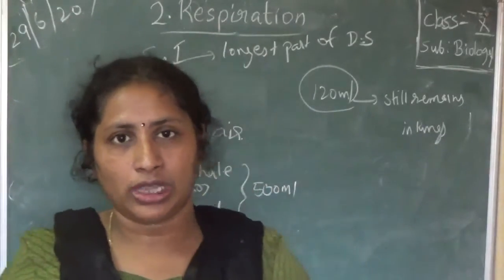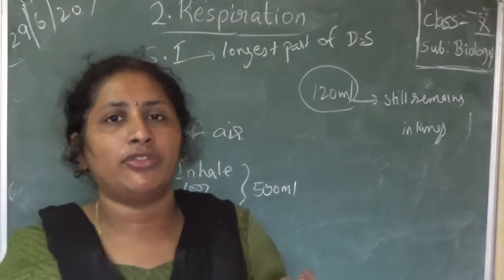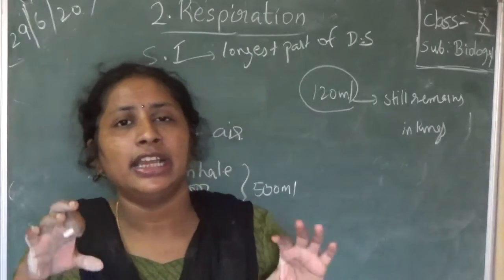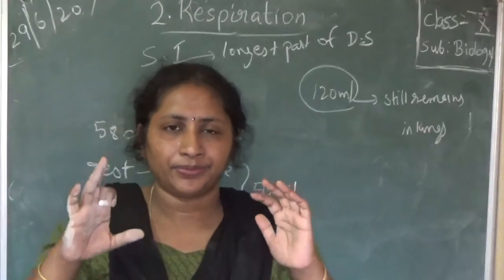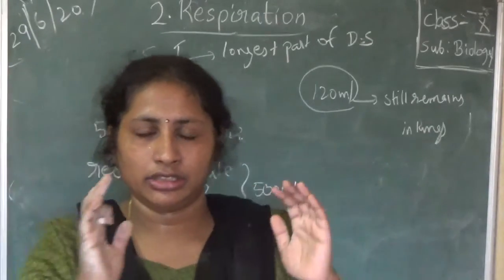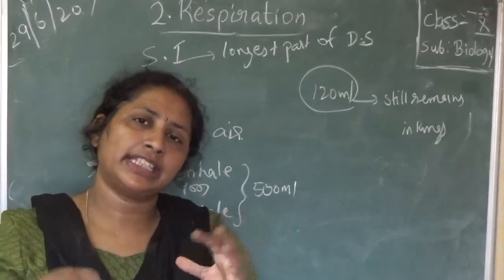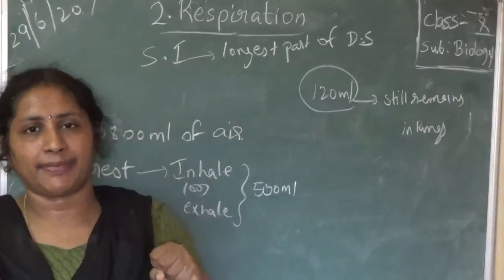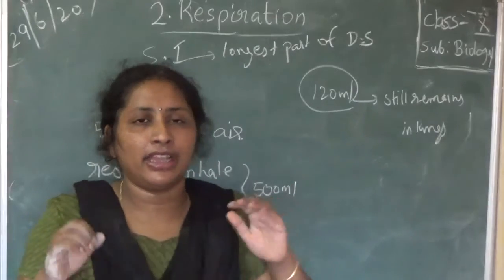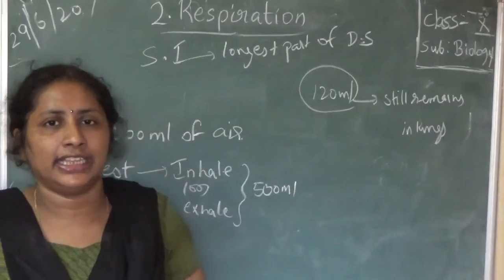The lungs will collapse. So some amount of air remains in the lungs to keep them in their shape and size. That's why 120 ml of air is still remaining in the lungs.